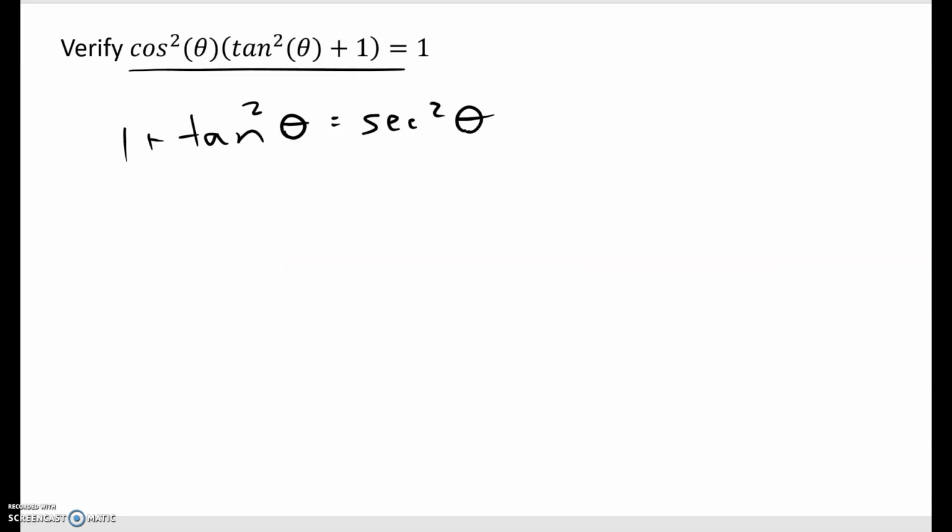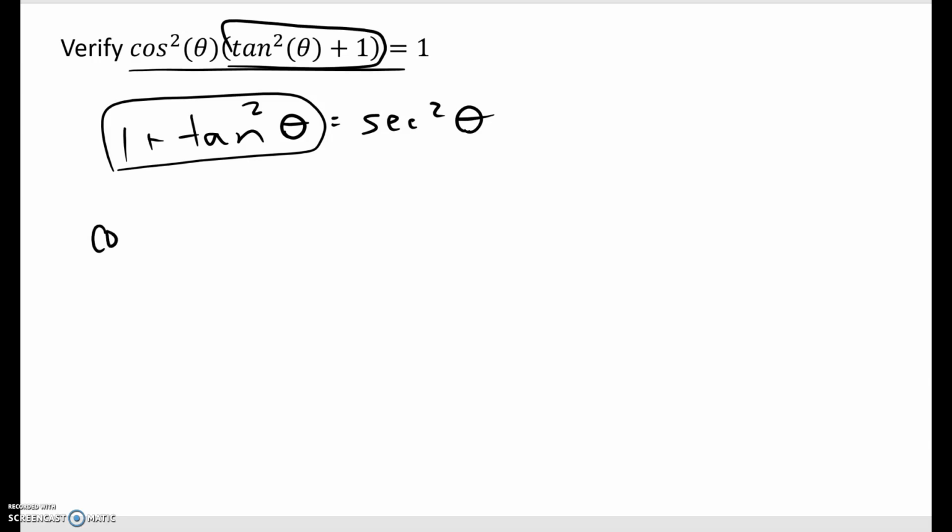Okay, so this whole thing right here is equal to secant squared, which is this part right here. So I'm going to replace that with secant squared. So cosine squared of theta times secant squared of theta.